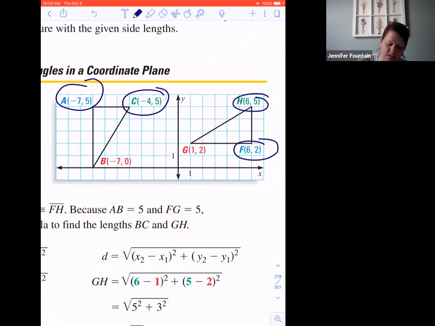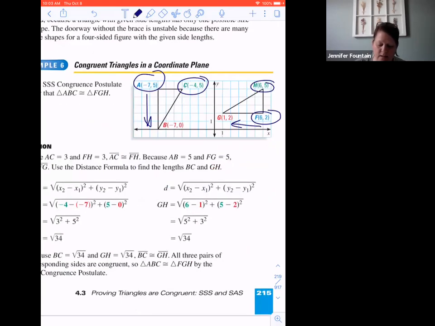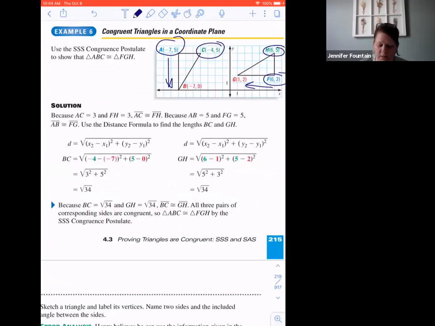Is my distance from A to B the same distance as it is from F to G? Is the distance from C to B the same as H to G? I can do that using my distance formula.